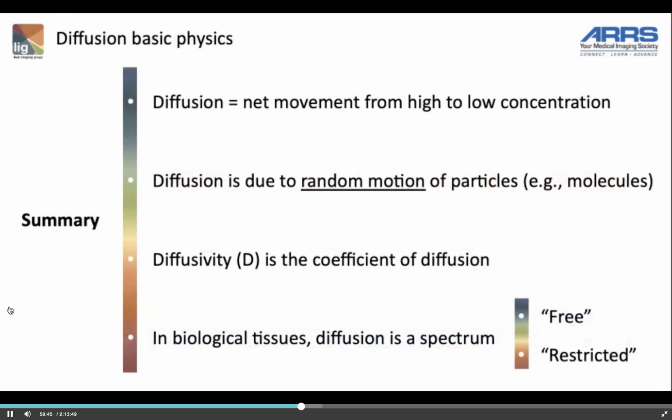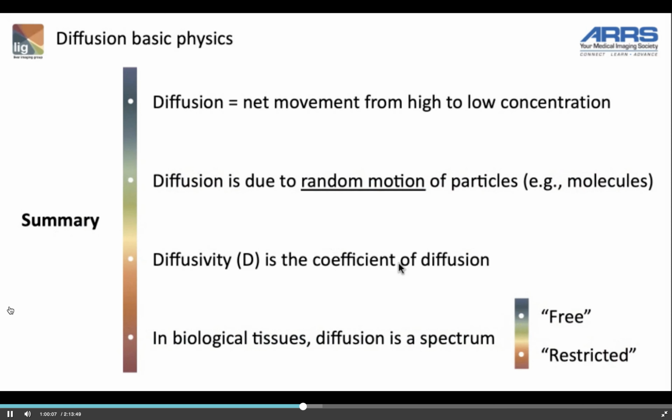So let's review the diffusion basics, physics. So I explained that diffusion is the net movement from high to low concentration, that diffusion is due to random motion of particles, such as water molecules. Diffusivity is a physical parameter. It is the coefficient of diffusion.